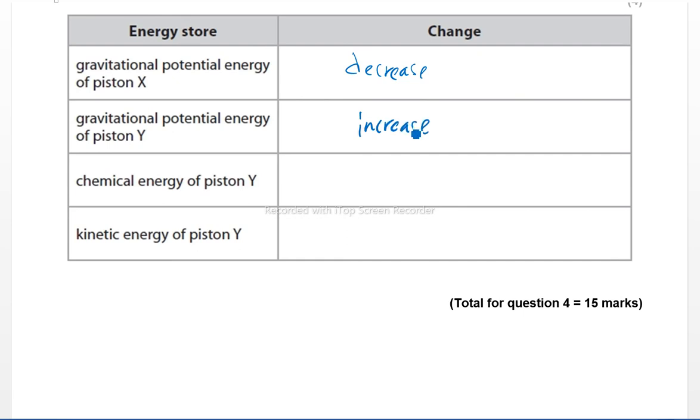On a hydraulic jack, there's no chemical reaction occurring or anything occurring, so there's no change. Chemical energy does not change.